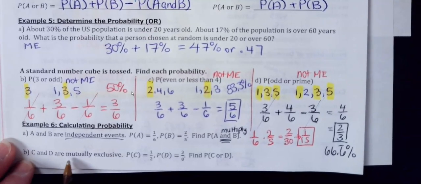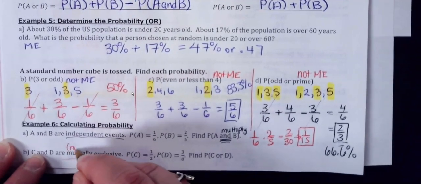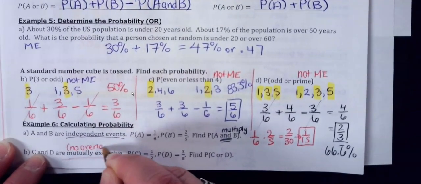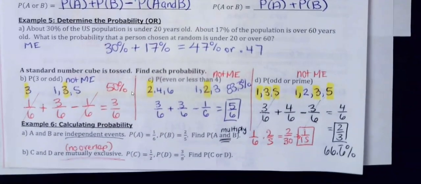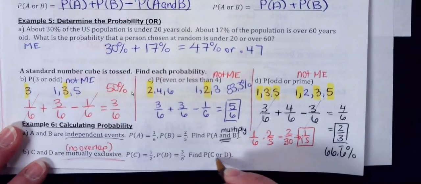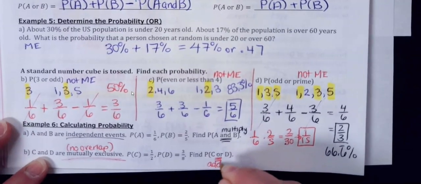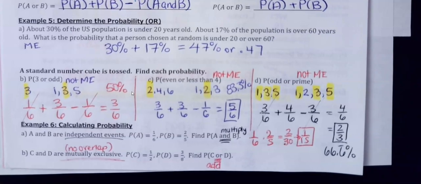Okay, now, mutually exclusive, if you see that, then we don't have to worry about any kind of an overlap like in the last example. So there's no overlap there. So if you don't have an overlap and you have an OR statement, all you have to do is add the two probabilities together.